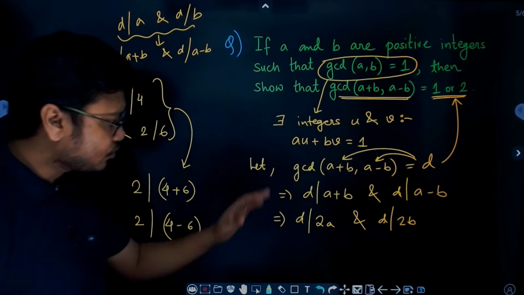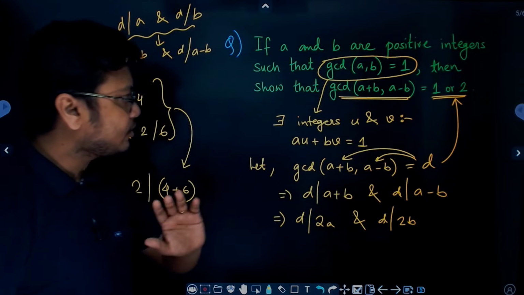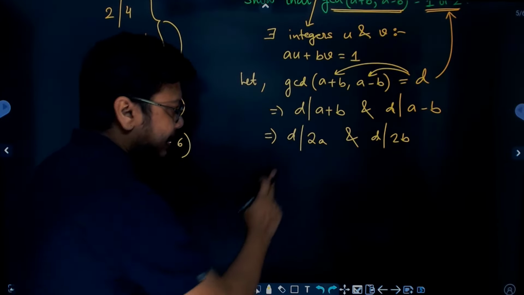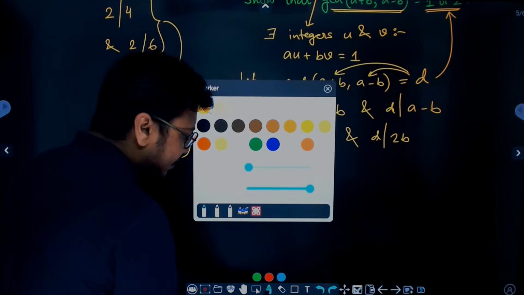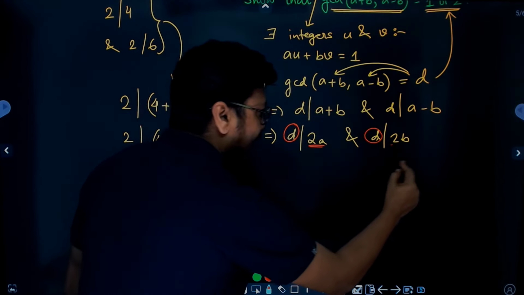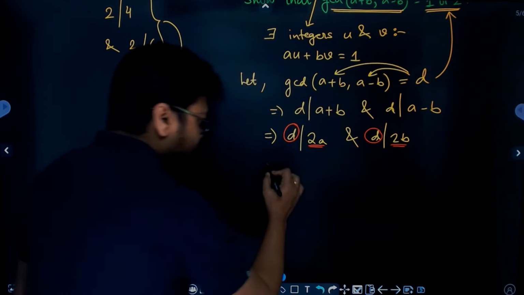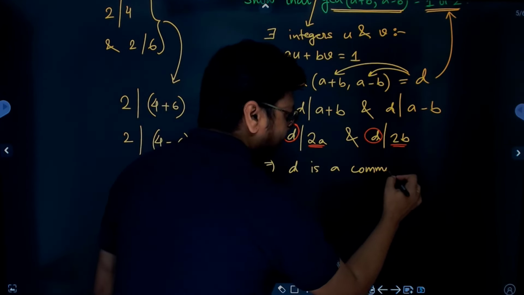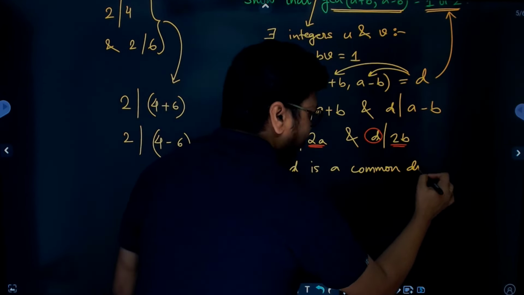So d divides 2a and d divides 2b. Now see that d is a common divisor of 2a and 2b.